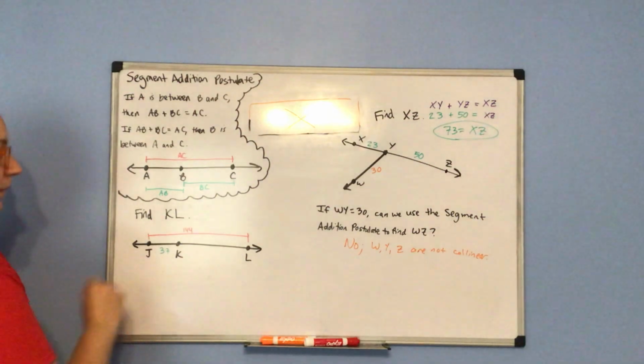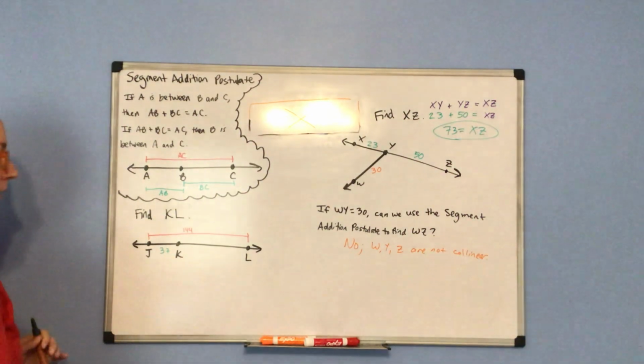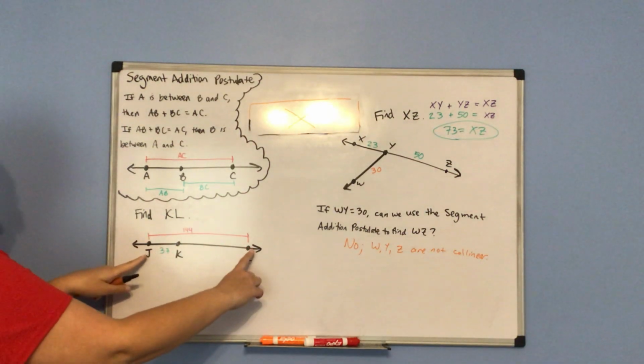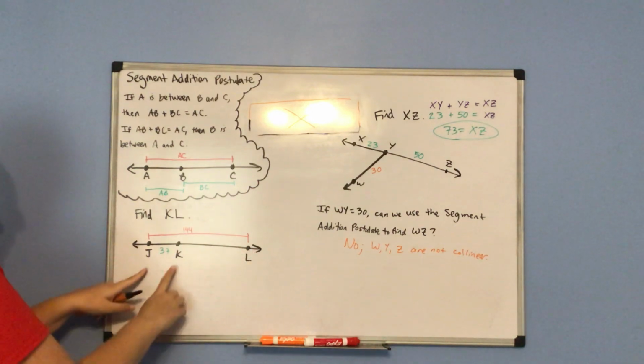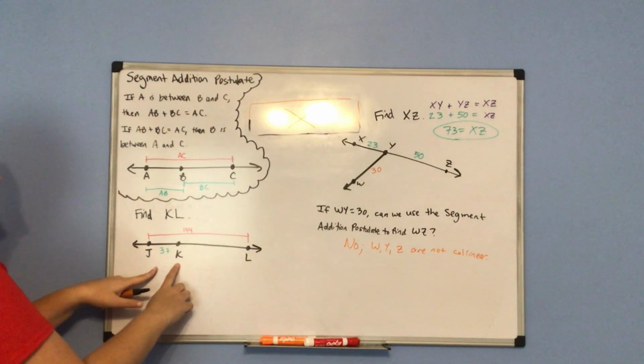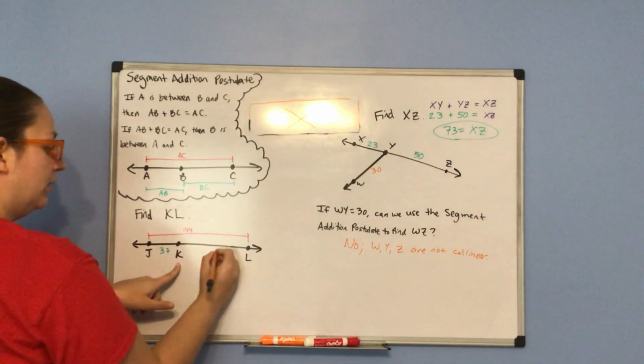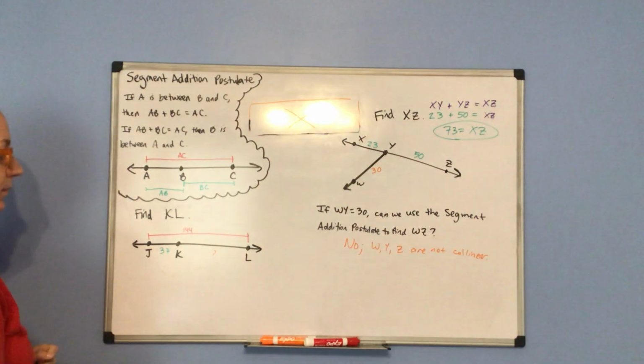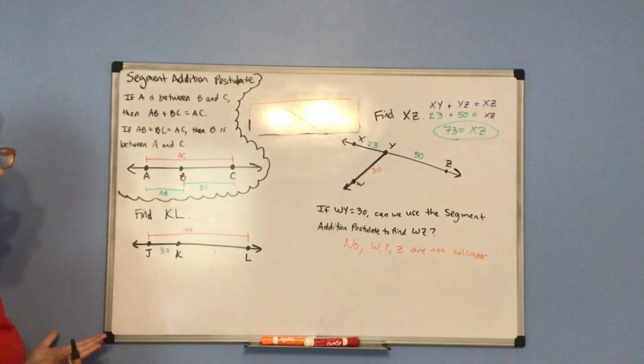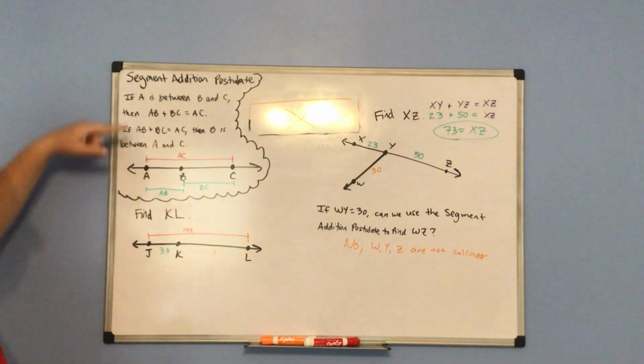Now here, I have a slightly different situation. I have the full length from J to L. I have the partial length from J to K. What I'm trying to find is KL. So KL is K to L. It's this part right here. Can we use the segment addition postulate? Sure we can.